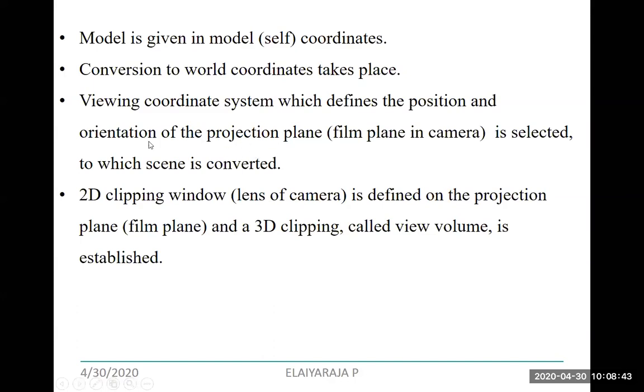Okay. In 2D, the clipping window is defined on the projection plane, where we consider only the window boundary, whereas in 3D clipping we additionally take the view volume. This view volume says whether the particular projection view is near or far.